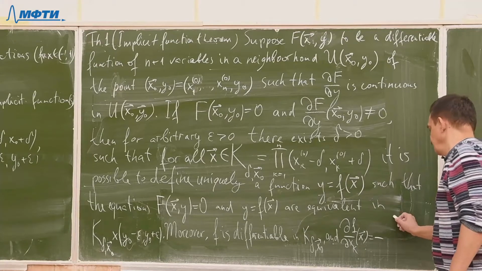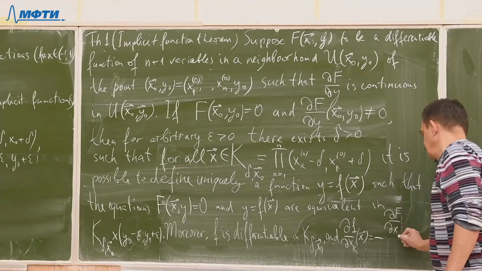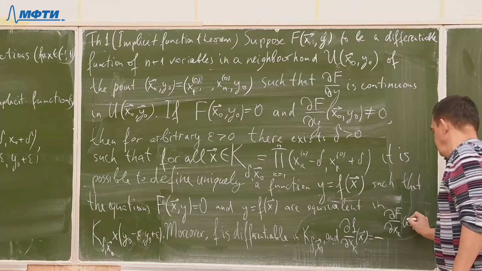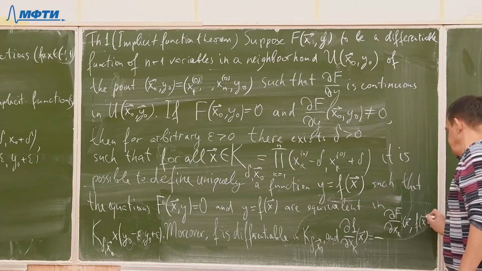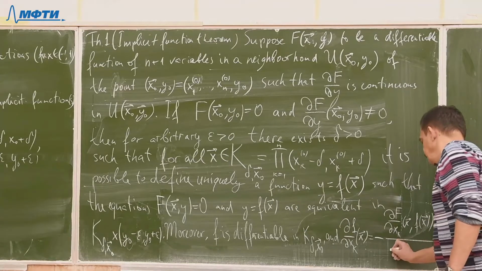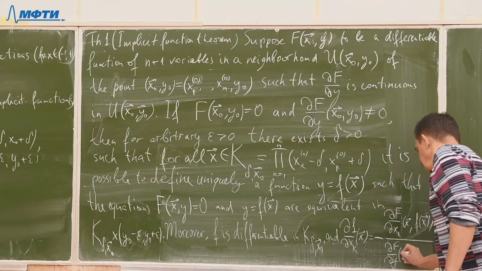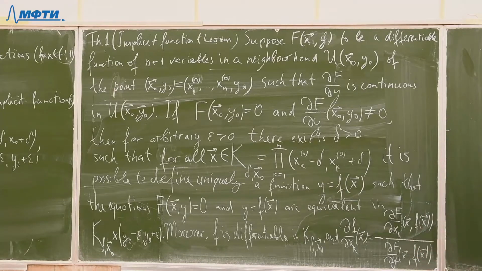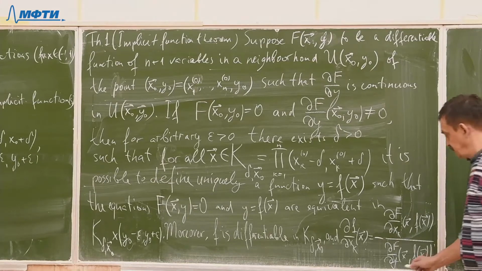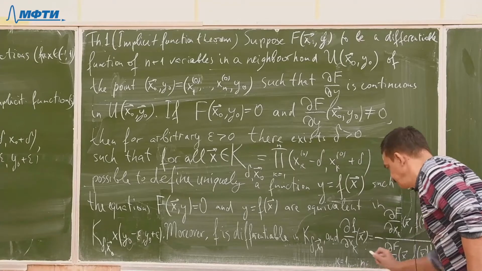This is minus the partial derivative of f with respect to x k at x, f of x, divided by the partial derivative of f with respect to y at x, f of x. That is how we can compute it, here k varies from 1 up to n.